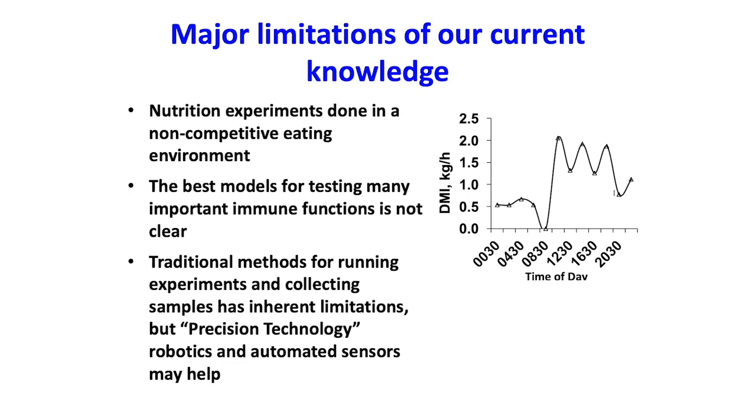Again, I'm staying away from the disease side in my talk, but a lot of important methodology we need to work out there. Traditional methods for running experiments and collecting samples have inherent limitations, but precision technology, robotics, automated sensors may help. Down the road, maybe we can set more of this up on farms to tease that apart.